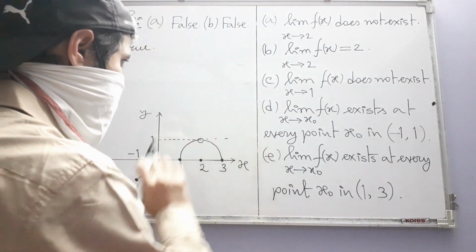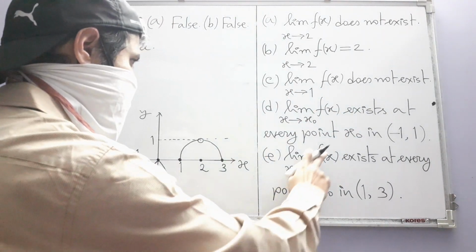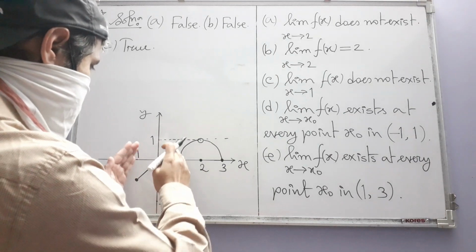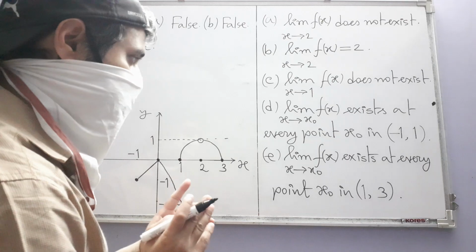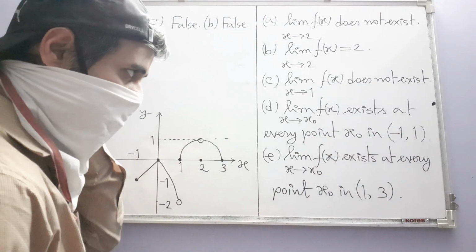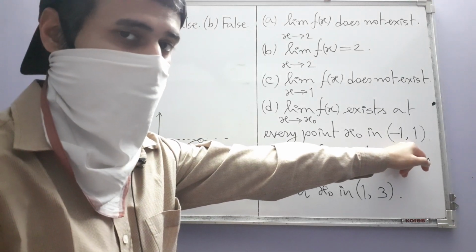Okay, then this general one. The limit of f of x exists at every point in this open interval -1, 1. Keep in mind, open interval -1, 1. So that means x naught cannot be taken equal to 1.